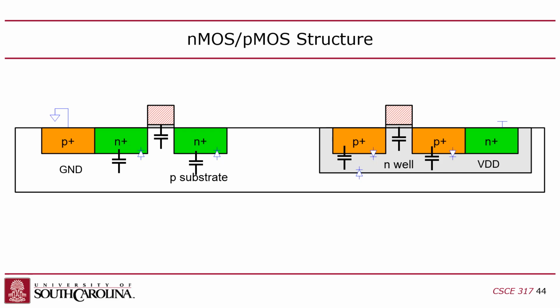This oxide covers everything except where you have a contact. So there'll be a contact above here, where there'll be a hole in the oxide, where there's no oxide, and then you put metal on top of there to actually connect a metal wire down, right? So this little gray area is a little misleading. It's not just under the gate. It's everywhere.